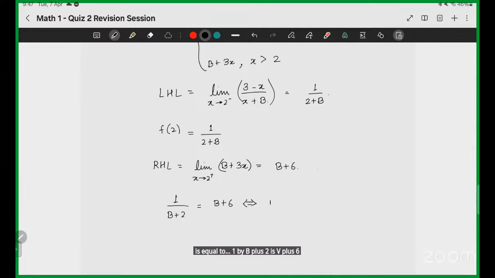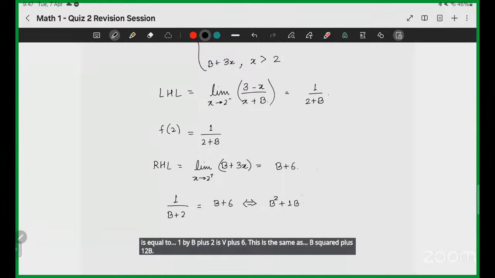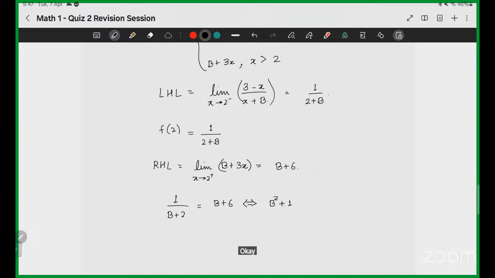This is the same as b square plus 8b plus 11 is equal to 0.